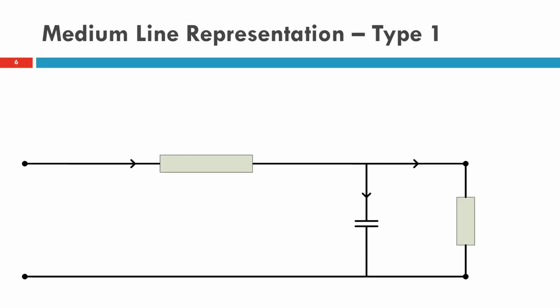Now we will first discuss the medium line representation, type 1, that is the end condenser method. Your first task from this slide is to identify the parameters used in these configurations.